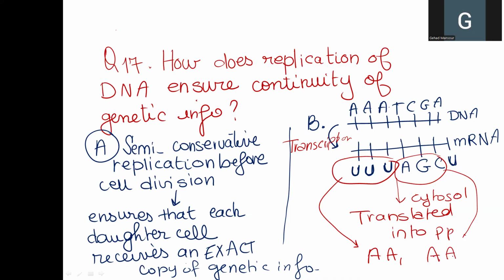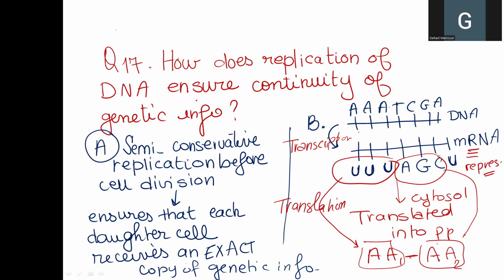They are brought from the cytosol, of course, by enzymes that read the sequence on messenger RNA and bring the necessary amino acids to form the polypeptide chain, and this process is called translation.